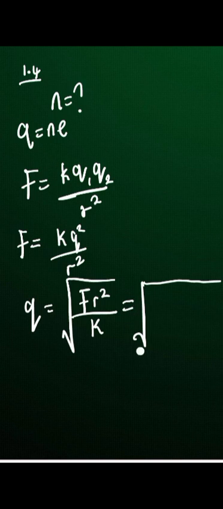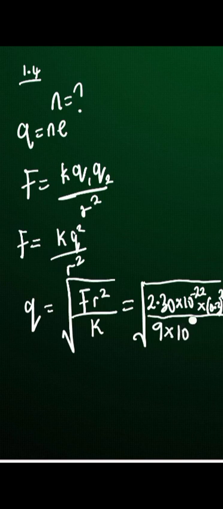Our F was given in the question as 2.30 times 10 raised to the power minus 22, times our r square. They say 30 cm apart, so that is 0.3, all over K. And we know that K for free space is 9 times 10 raised to power 9.